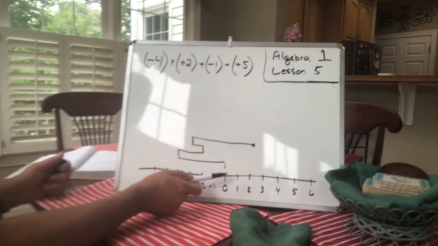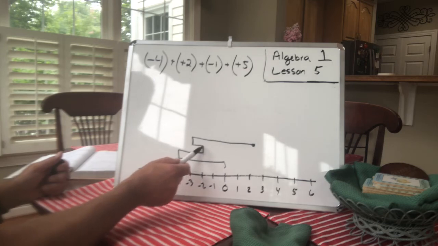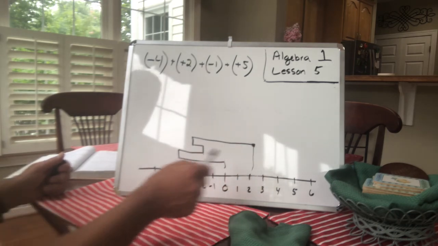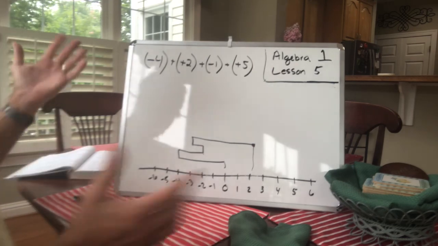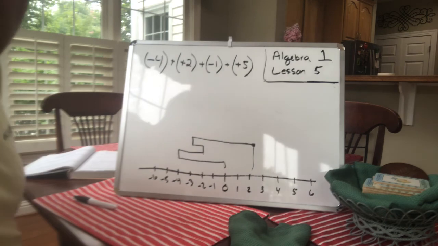Here it is. I went -4 plus +2 plus -1 plus +5. I finish right there at +2. Doesn't matter what order. That's the commutative property of addition of signed numbers.